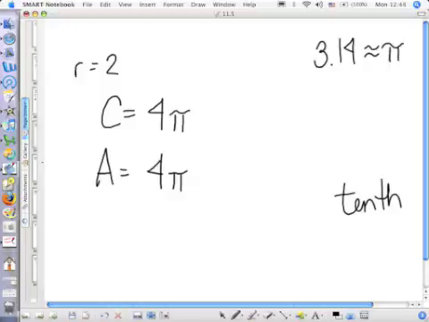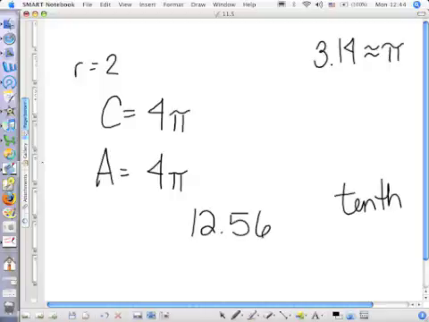What does that mean? 12.6. Plug it in your calculator. 4 times 3.14 and then round to the nearest tenth. Some of us have rounding issues. 12.6. If you are rounding to the tenth, I think it's 12.56. Is that what it gives you? Yeah. Okay. And this is what it shows you on your calculator.